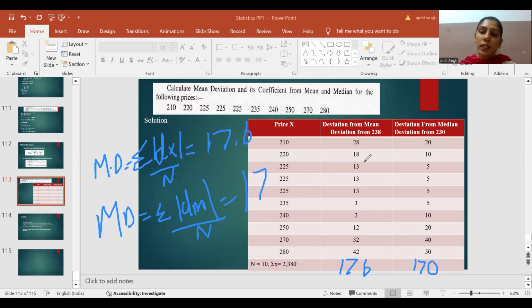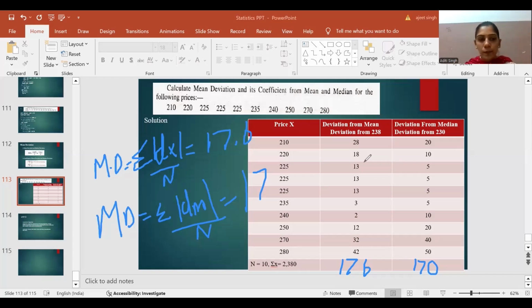While calculating deviation, the plus and minus signs are ignored. We will not consider the plus and minus signs like we did in central tendency. While calculating central tendency, we considered the plus minus sign, but while calculating deviation, we will not consider the minus and plus sign for both mean and median. So this is how we calculate mean deviation and median deviation.